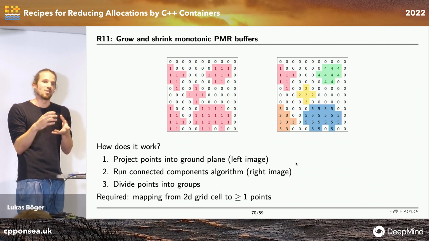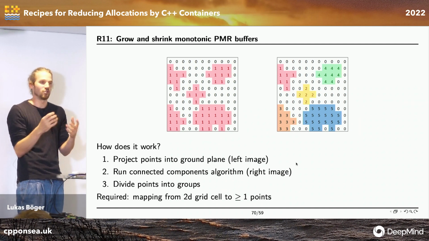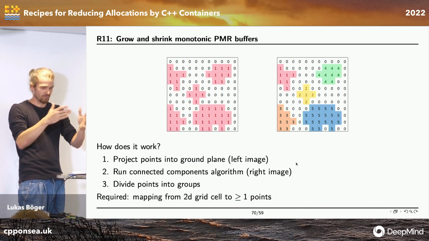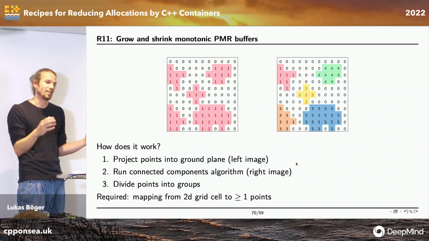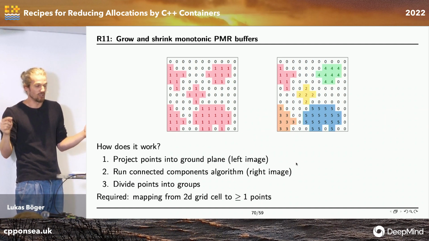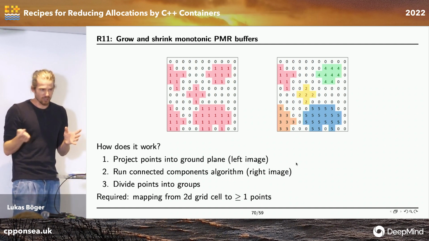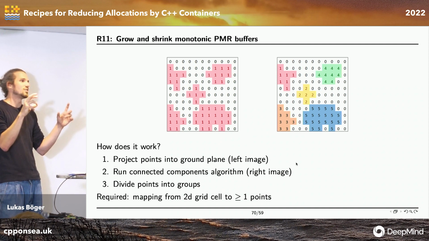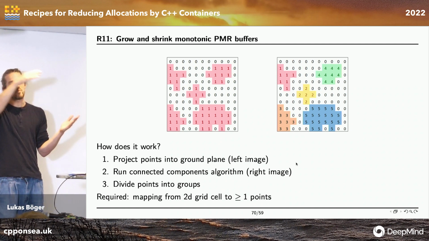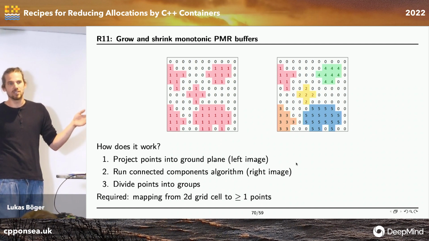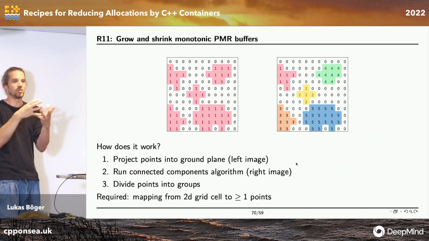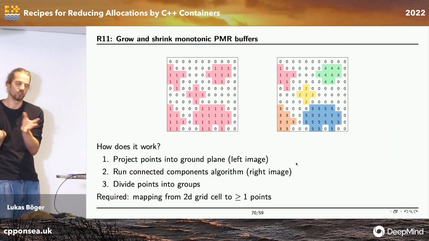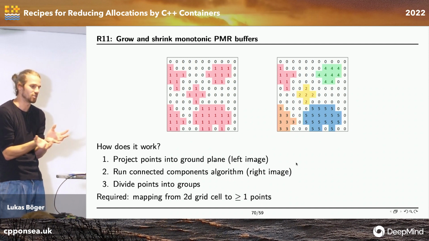This cell is occupied or not. So I will put a grid onto my ground plane. Say this cell is occupied, this one is not. And then invoke some connected components algorithm to turn these into distinct groups. Then I need to map it back to my points in order to create a bunch of points that belong together, because beforehand I didn't have that information, all right?